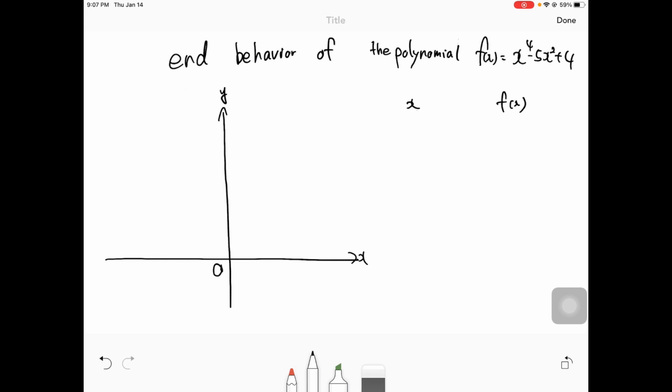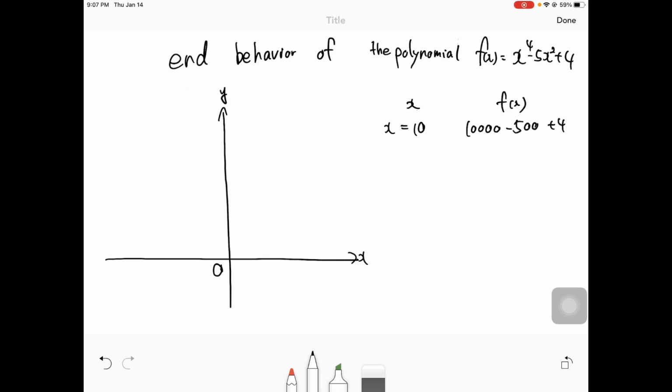So like I said, you have to find both ends. So when x is really big or really negative, first let's find the really big one. When you plug in x equals 10, how is the y value going to be? It's going to be 10 to the power 4, 10,000, negative 500 plus 4.